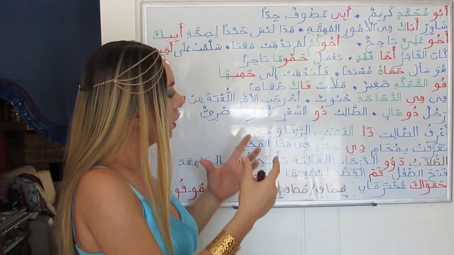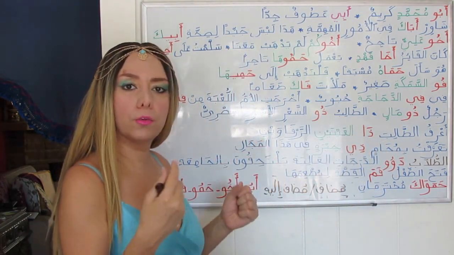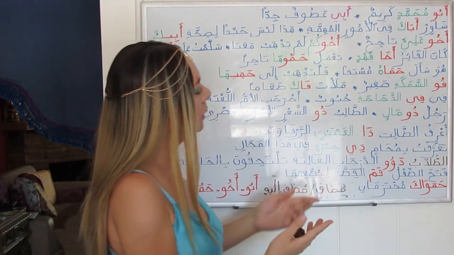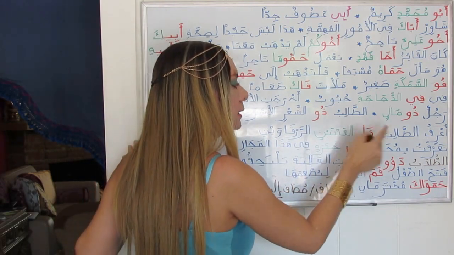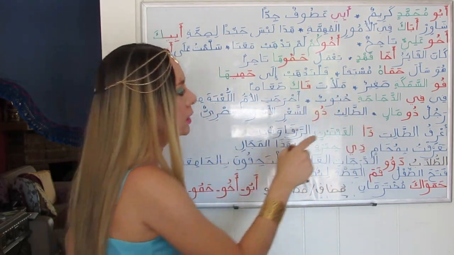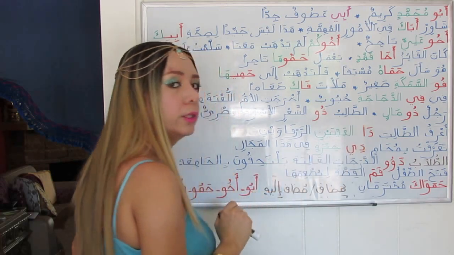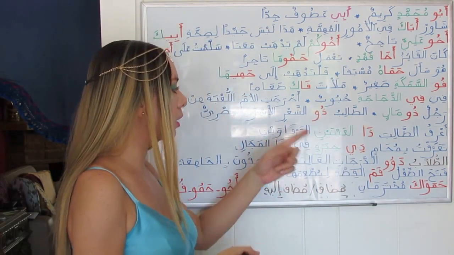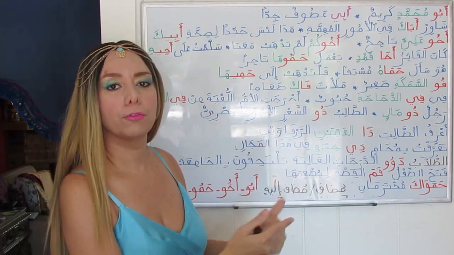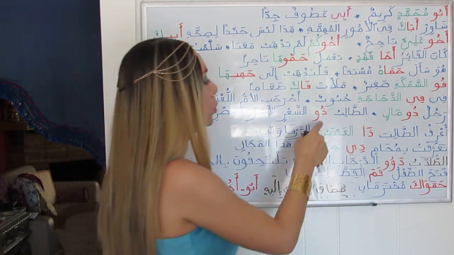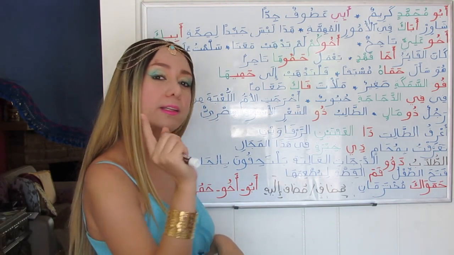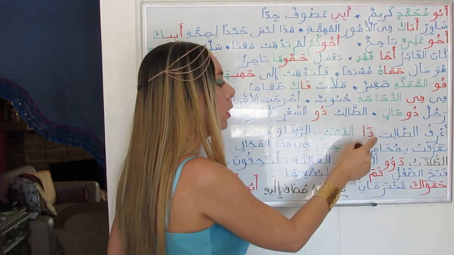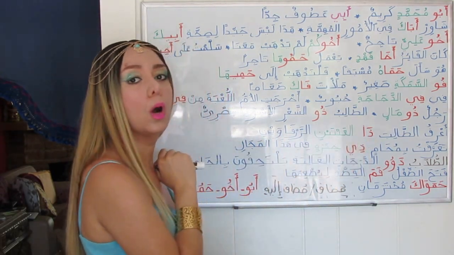It's just some more detailed information about الطالب. So ذا, since الطالب is in the accusative, ذا will be also in the accusative with the sign of alif instead of فتحة, because it is one of the 5 nouns. So ذو in the nominative and ذا in the accusative, with the blue eyes.